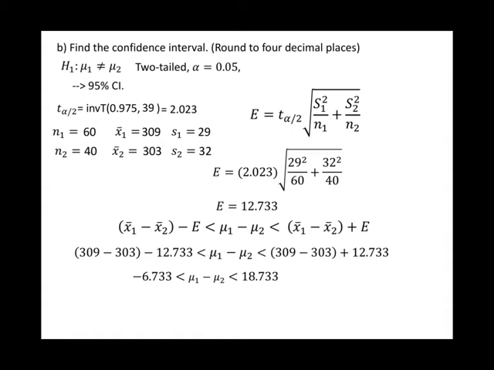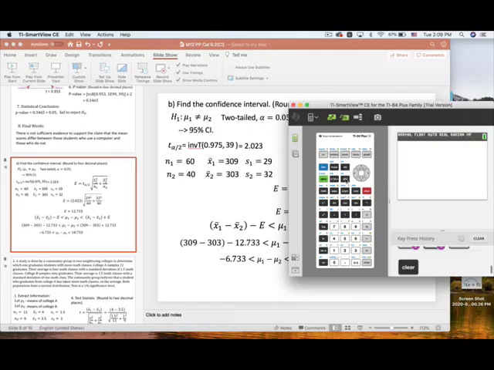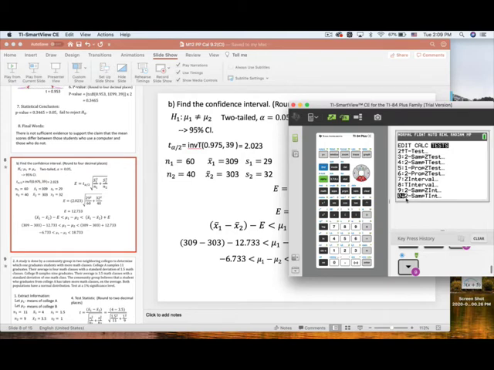Okay, let's use our calculator to check the work. Go to the stat, go to the test. We go to the 0. This is the 2 population, sample standard deviation, t distribution, confidence interval.